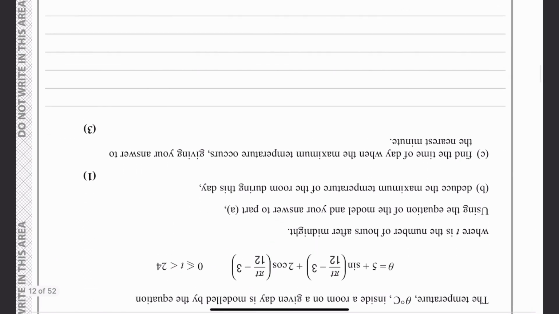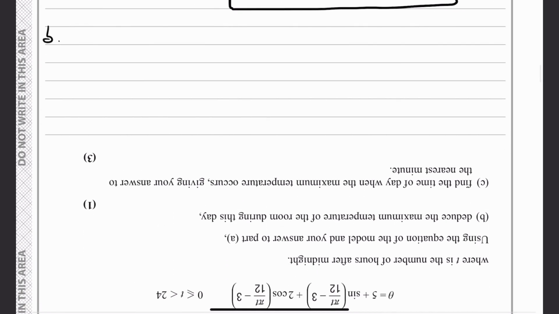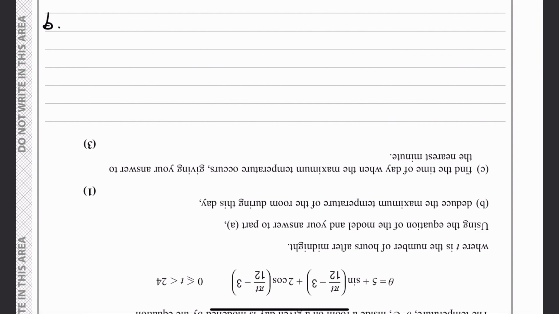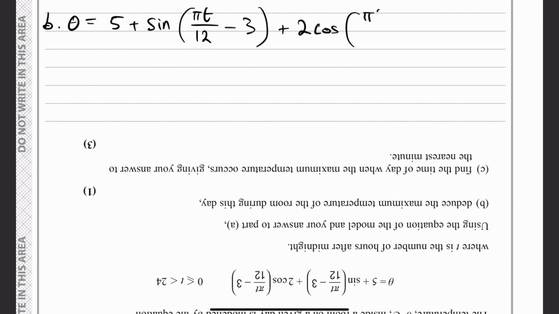Okay, so this is the model. Let me just copy this out over here. The model temperature theta is given by 5 plus sine of pi t over 12 minus 3, plus 2 cos of pi t over 12 minus 3.